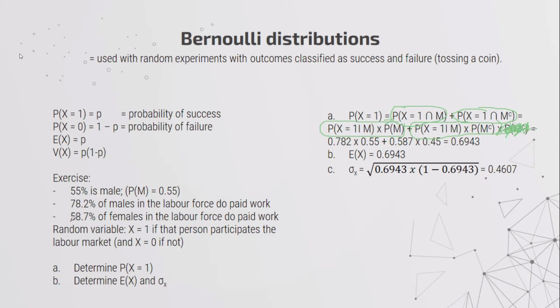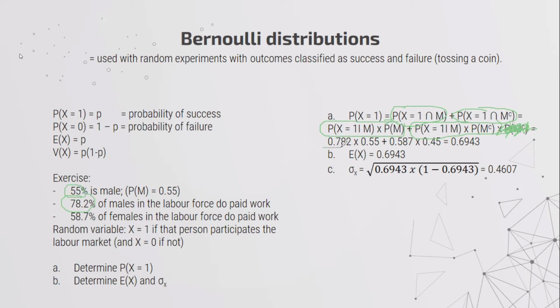We just have to compute them and be careful, because for the M complement we have to calculate the number of females, since we're given only the male. If the male is 0.55, it means that the female should be 0.45. It's just 1 minus the male. And we just take the males doing paid work, which is here, times the probability of having a man, which is 0.55.